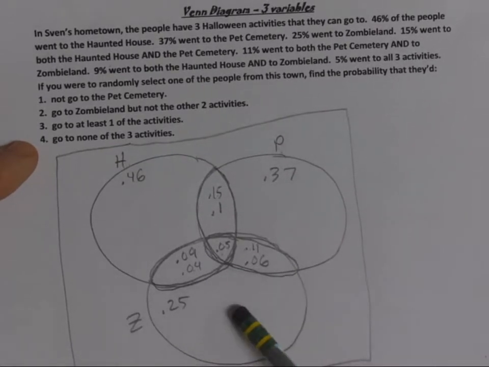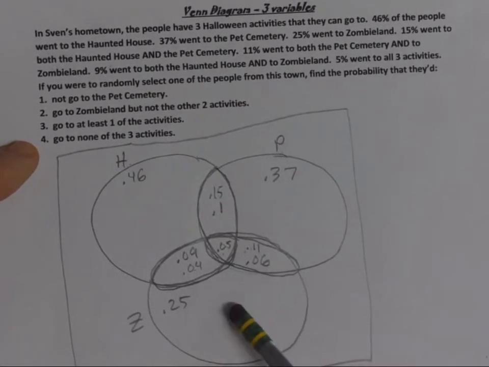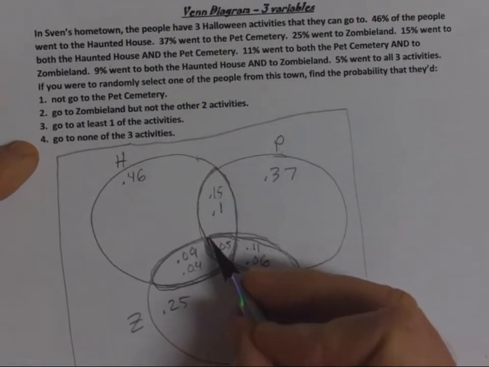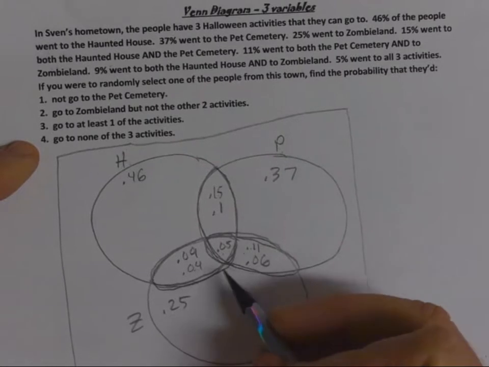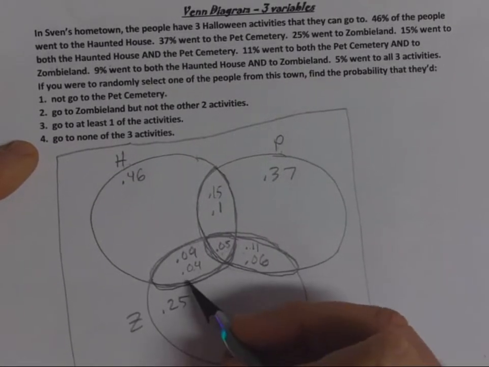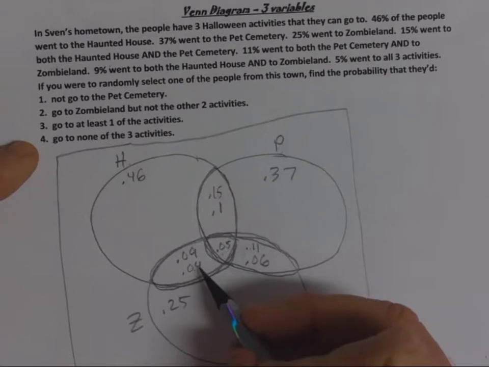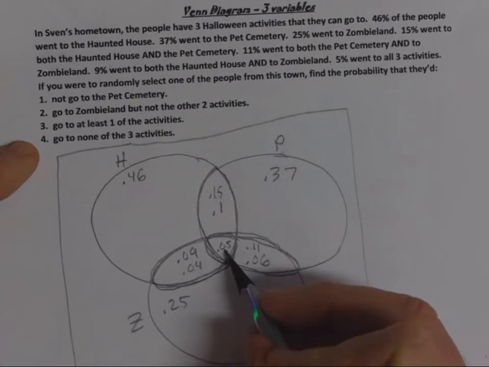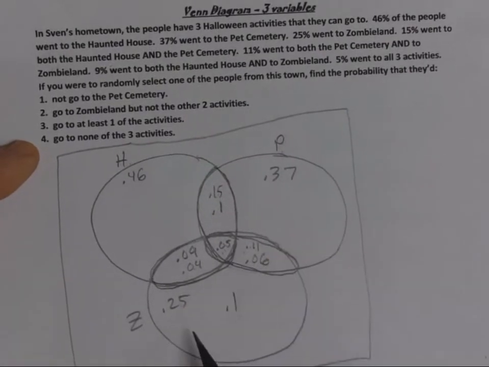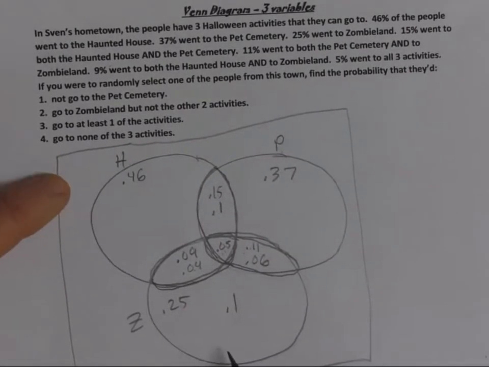Then we have this region here. This represents the people that went to Zombieland, but none of the other two. If the whole thing is 25%, that's 4%, that's 5%, and that's 6%. If I subtract those, 0.25 minus 0.04 minus 0.05 minus 0.06, it ends up being 0.1. So 10% went to Zombieland, but not the other two.